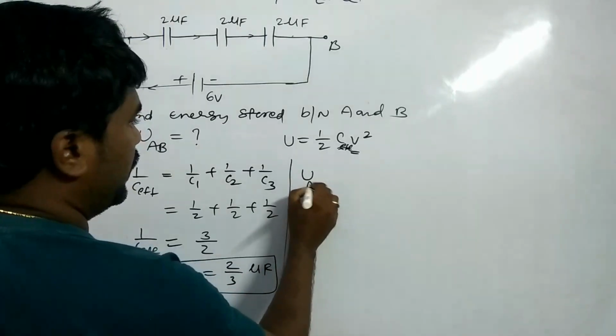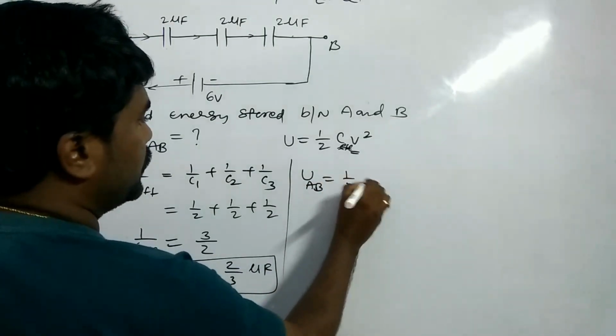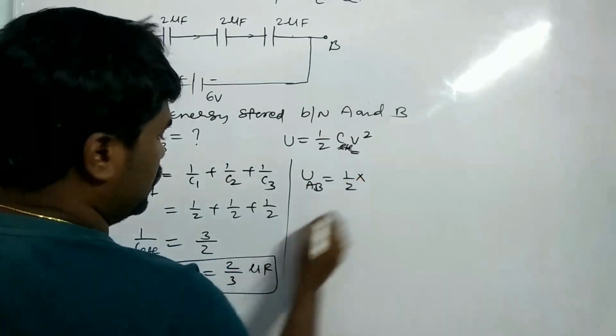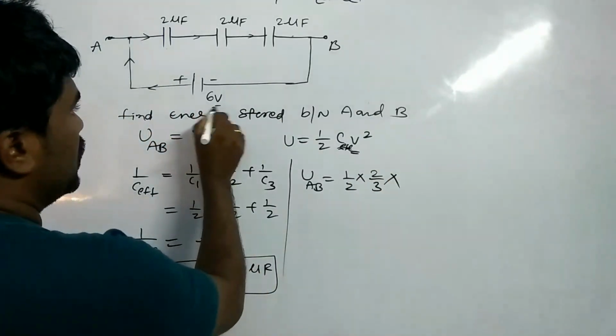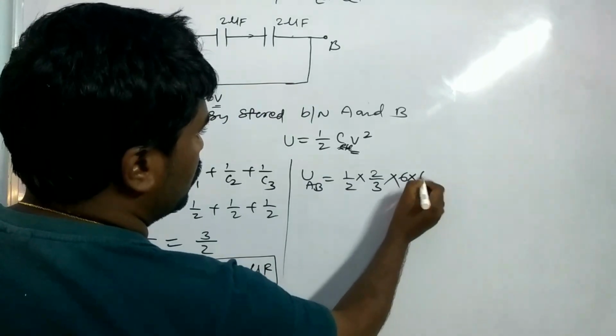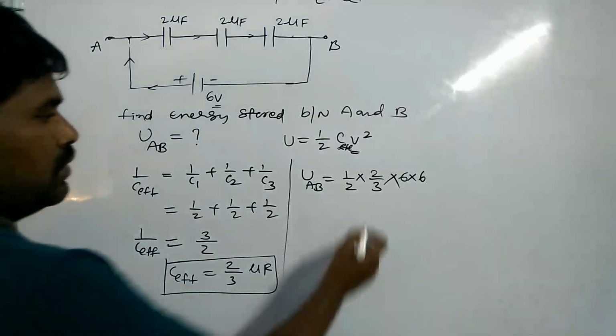So U AB is equal to half into C effective, 2 by 3, into V square. How much potential is here? 6 volts, so 6 square.